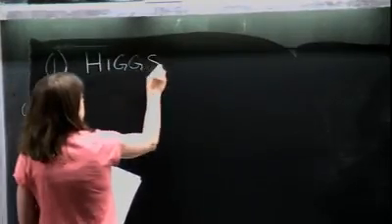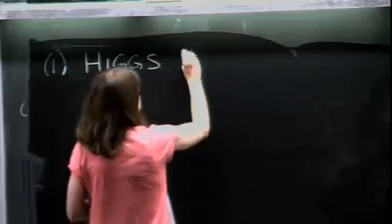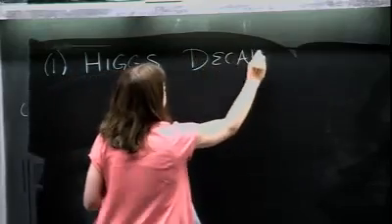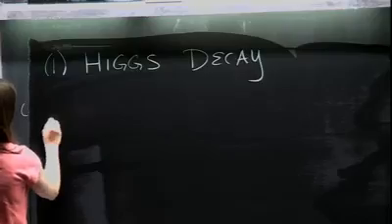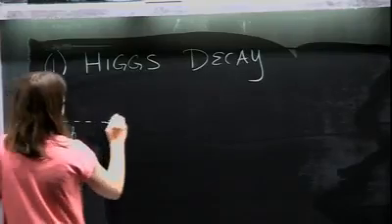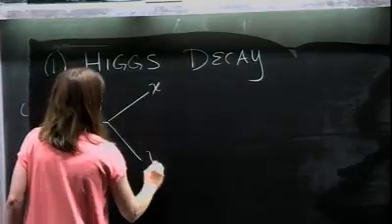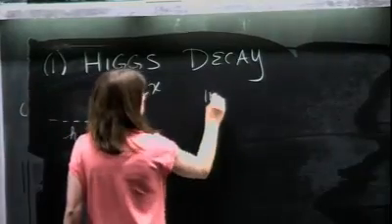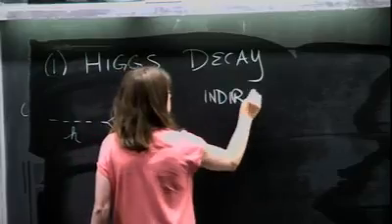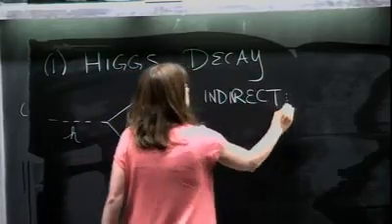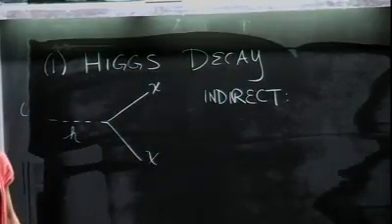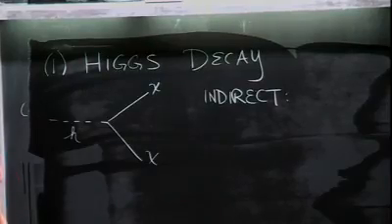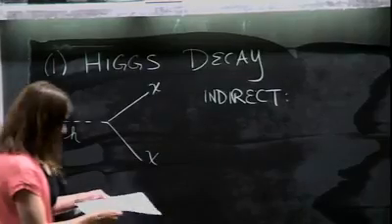Okay, so the first place that we might hope to learn something is by looking at the properties of Higgs decay. So if I produce my Higgs, and then maybe it decays to these neutralinos, there's 2 ways that we can place bounds on this. One is indirectly, by measuring all the other possible Higgs decay modes to very high precision, and then seeing how much more we can squeeze in.